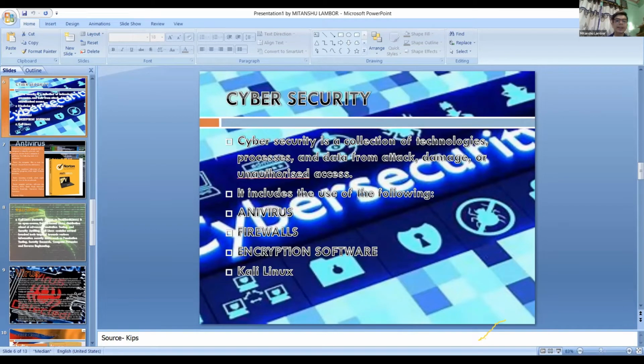Cybersecurity. Cybersecurity is a collection of technologies, processes, and practices designed to protect networks, computers, programs, and data from attack, damage, or unauthorized access. It includes the use of the following: antivirus, firewalls, encryption software, Kali Linux. Antivirus. Antivirus is a computer program that is designed to identify, prevent, and remove viruses from a computer.